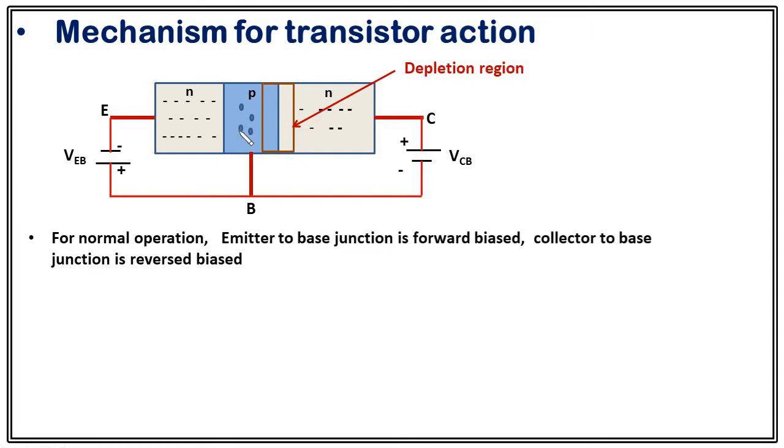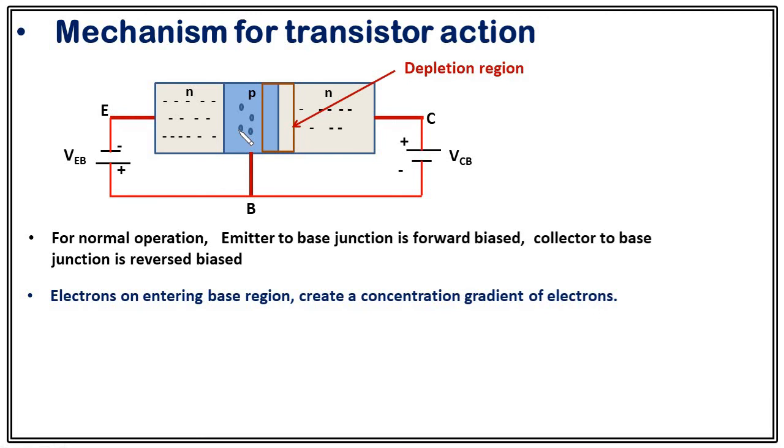Due to this biasing, the electrons from the emitter side will enter into the base region and they will create a concentration gradient of electrons. And as electrons move from the E side to the B side, there will be a direction of current opposite to that. So the direction of emitter current will be coming outward.